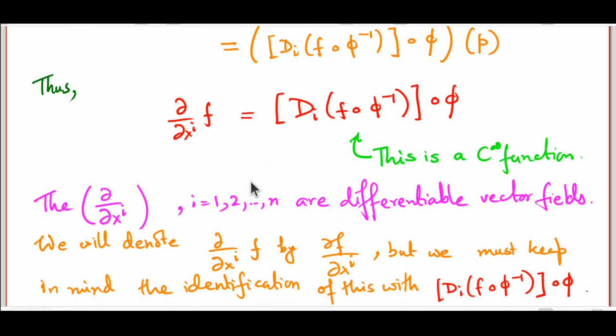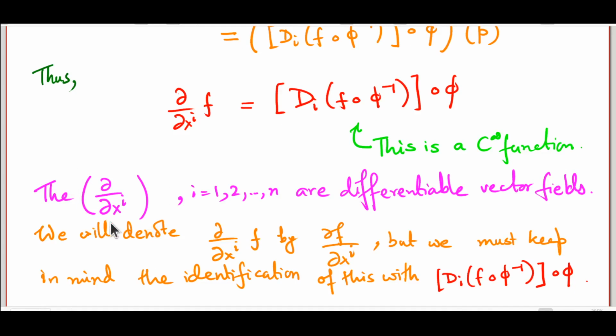In fact, what we are going to do is denote del del xi f, the operation of the vector field del del xi on this function f, simply by del f del xi. But we must keep in mind that when we say del f del xi, we really mean a function whose proxy is the ith partial derivative of the proxy function, or basically a function whose value is given by di f composite phi inverse composed with phi.